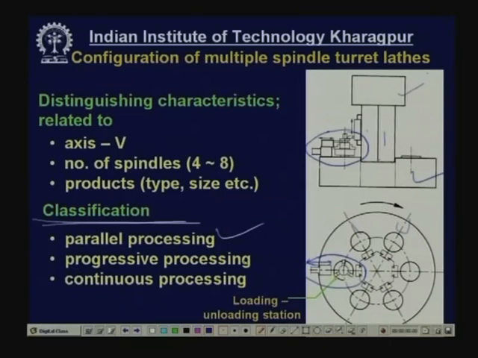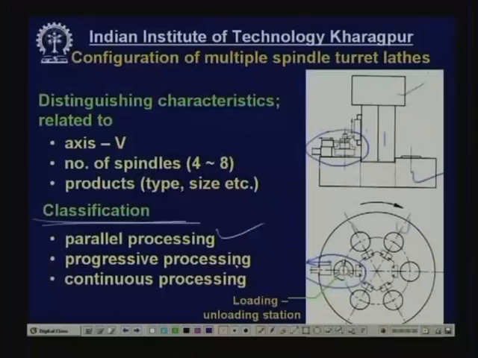Now, the progressive processing, which is really employed where the number of machining operations required is relatively large, say 6 or 8 operations. In that case, suppose this is the loading station. In this loading station, the operator will load a job in this chuck on the spindle, and then this will rotate.